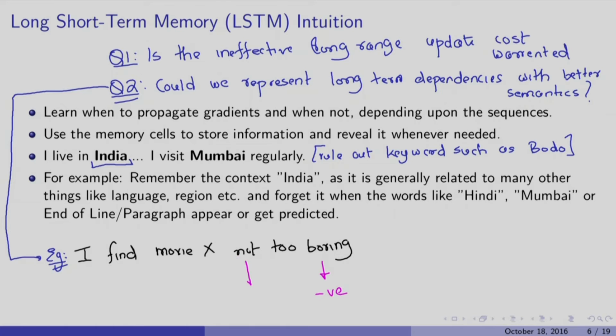However, we note that the keyword like not, which also denotes negative, when paired with a negative sentiment, overall implies a positive sentiment. So could we more meaningfully represent these long term dependencies by capturing the state, the fact that we have already seen a negation keyword, and therefore anything that follows even with the negative semantics is actually rendered vacuous.